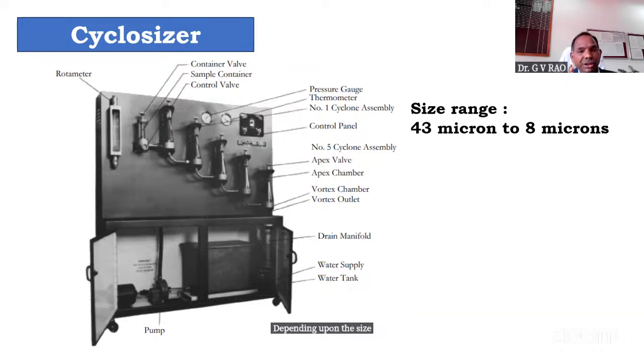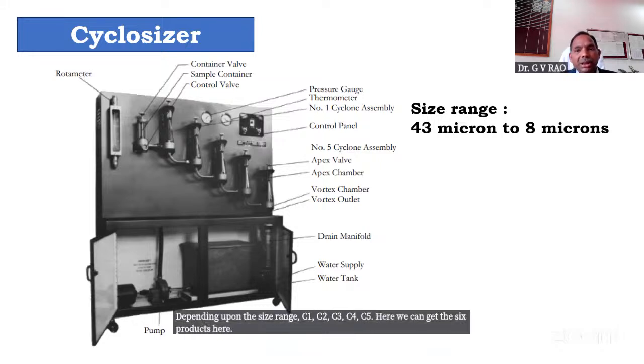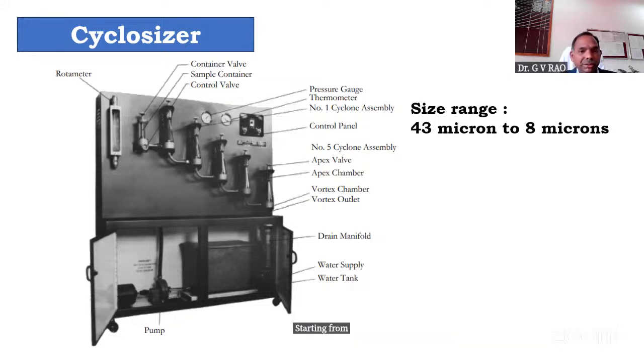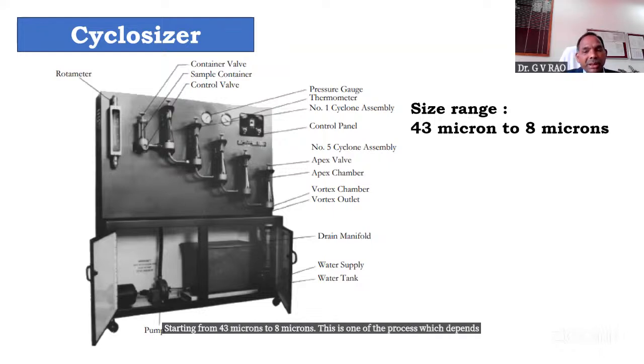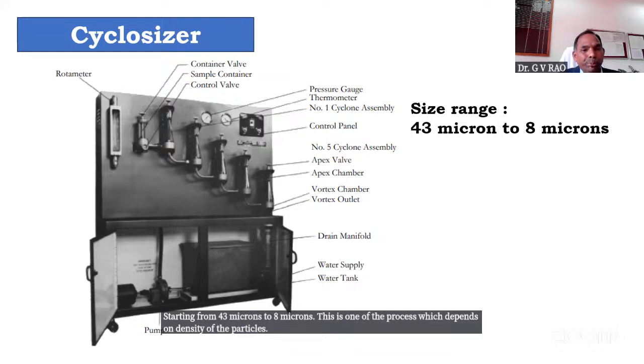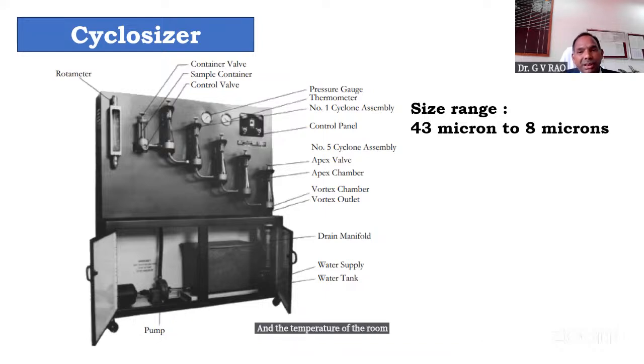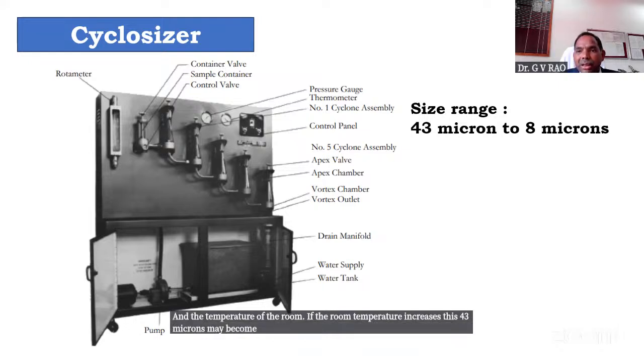Here we get 6 products, from 43 microns to 8 microns. This process depends on the density of the particles and the temperature of the room. If the room temperature increases, these 43 microns may become 38 microns, and 8 microns may become 12 microns.